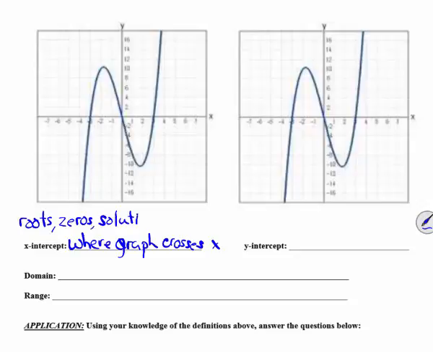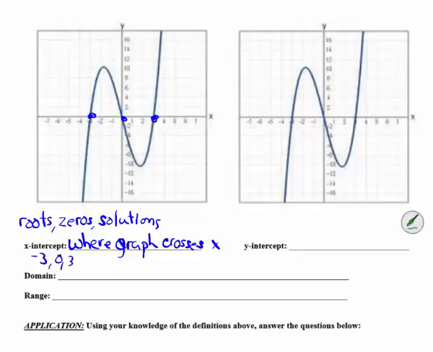We talked about those earlier in the chapter. So here, I have 3 x-intercepts, which means I have 3 zeros, 3 roots, 3 solutions. So my x-intercepts are going to be -3, 0, and 3.